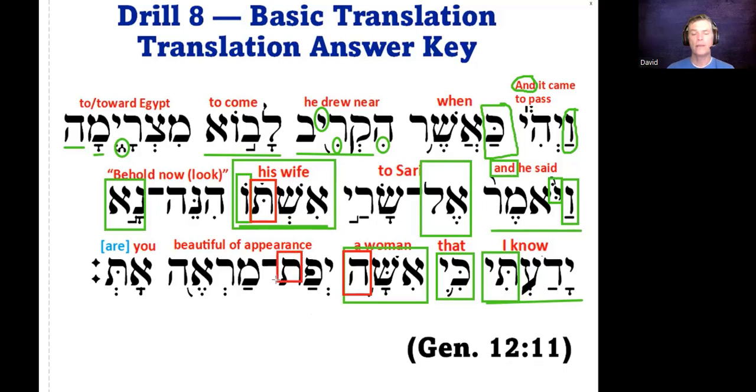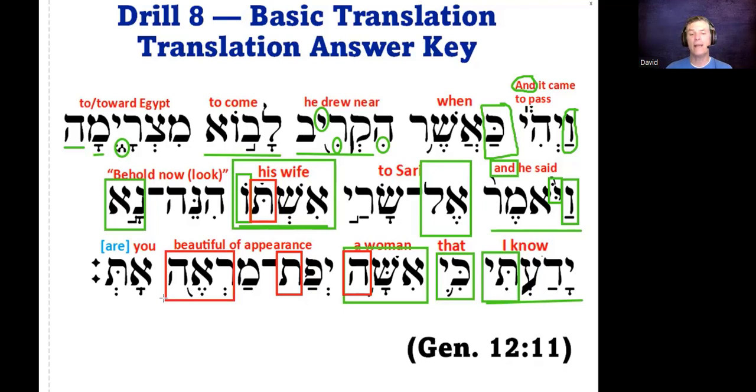Yafat. So it's not just beautiful now. Once we replace the hey with the tav, it becomes beautiful of mareh, appearance. Mareh is just the Hebrew word for appearance, someone's visage, how they look, how they appear to others. We do see the root word, resh aleph hey, the Hebrew verb to see, which further reinforces the fact that this being a verbally empowered language, the verb is pretty much everything.